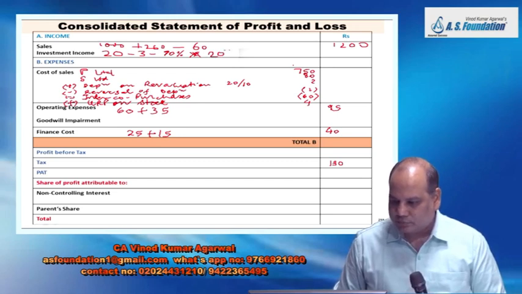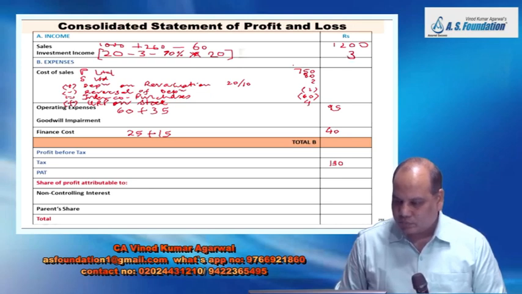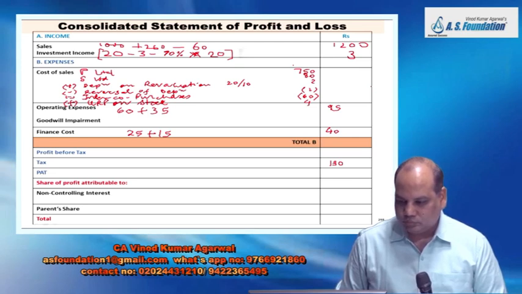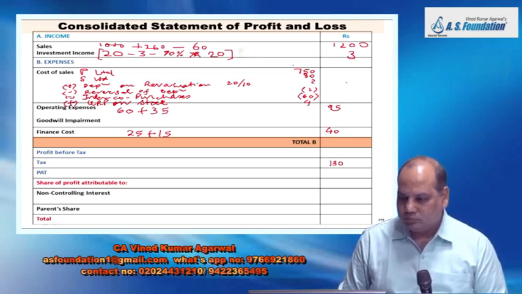That is 14. So my net investment income will be 3. Okay. This is current year profit.